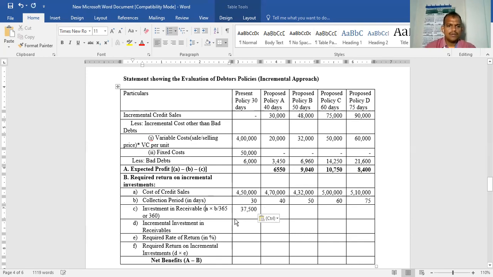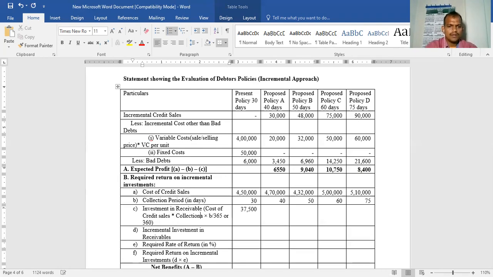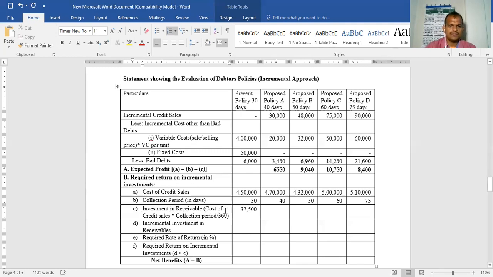Okay, anyhow, I'll mention clearly: cost of credit sales into collection period by 360. Now it gives some clarity. Cost of credit sales, not the credit sales, cost.